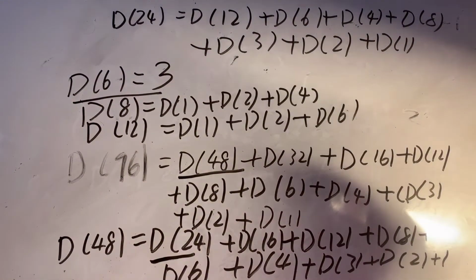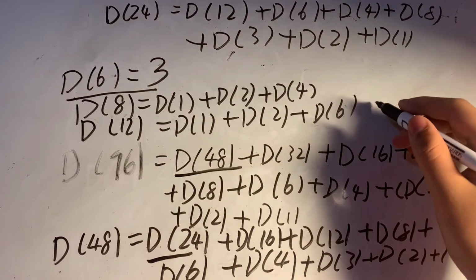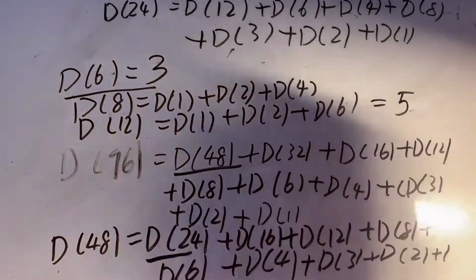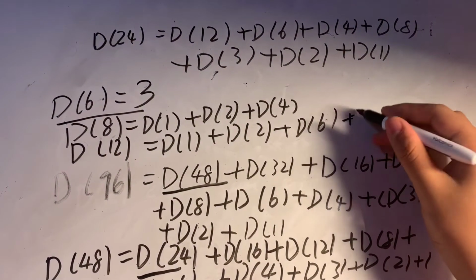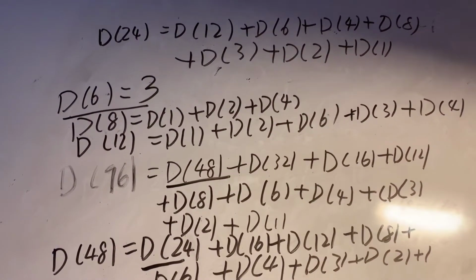d24 is equal to d12 plus d8 plus d6 plus d4 plus d3 plus d2 plus d1.